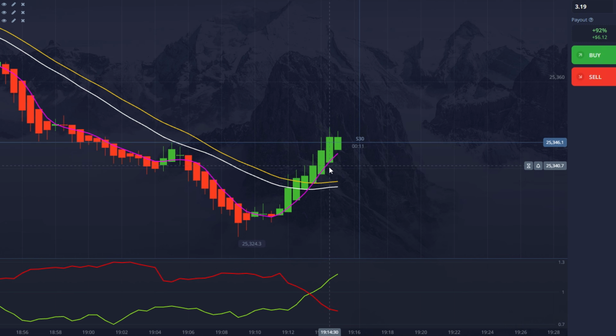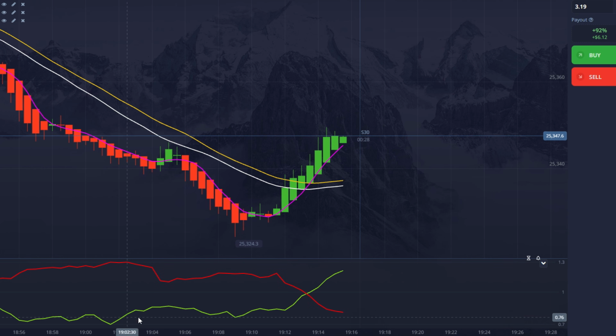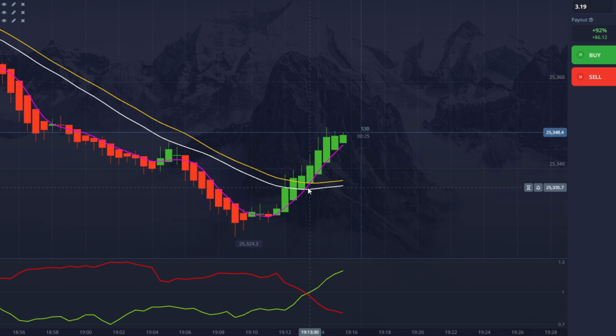You can see right here that this is a good opportunity where we would have bought in if we were a couple candles earlier. So the goal is to see all this red as the green crossed over, which was right here. We crossed. And the 5 SMA crossed over the 20 and the 25.